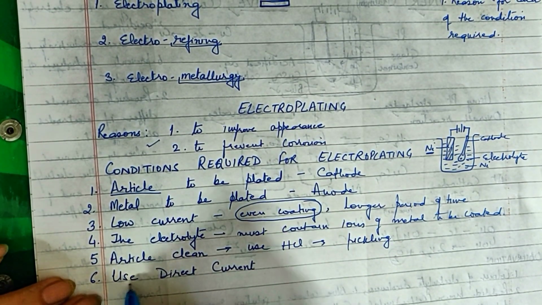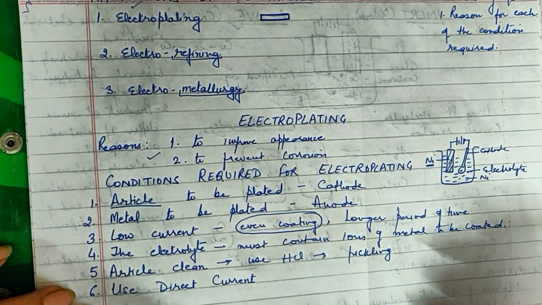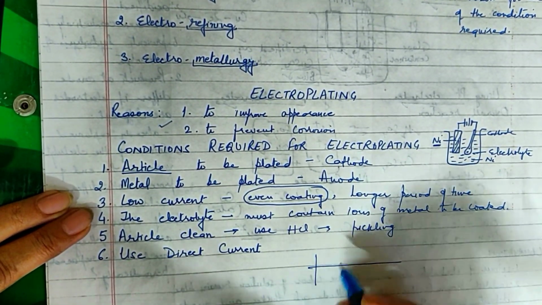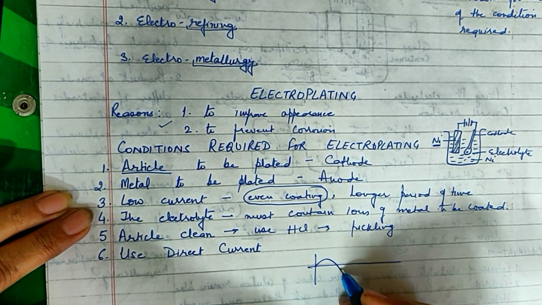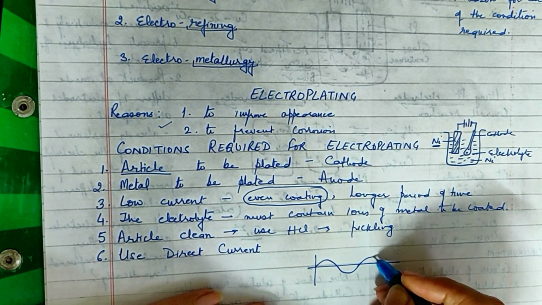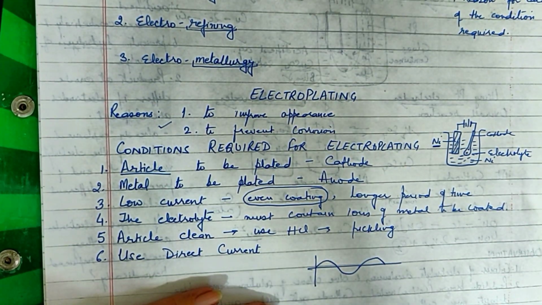And then the last thing is we must use the direct current and not the alternating current. I hope you know that in the alternating current, the cycle of alternating current, it keeps on changing its direction after half a cycle. So suppose the alternating current is taken instead of the direct current. I hope you know what is the source of alternating current.